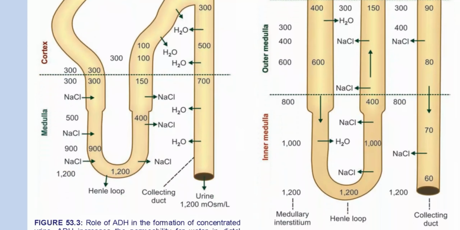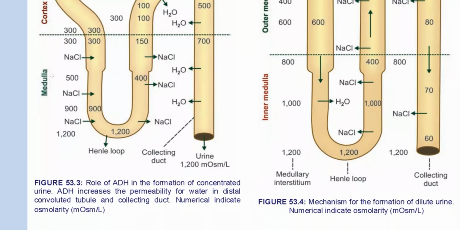This is the diagrammatic representation shown here: the role of ADH in the formation of concentrated urine. ADH can increase the permeability to water in the distal convoluted tubule and collecting duct. And the mechanism of formation of dilute urine can be seen in these two figures.